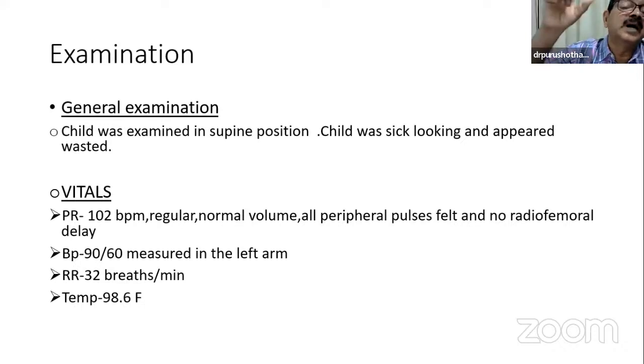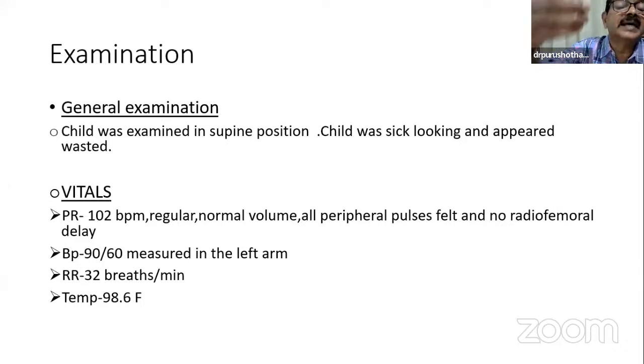Your history you heard and your observation is trying to answer each of the questions which we are trying to answer. Is it a development delay, true? Is it a static disorder? What type of thing? And in the general examination, there are many clues which will be answering.